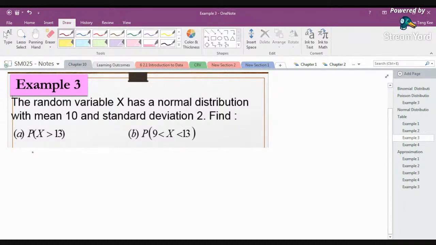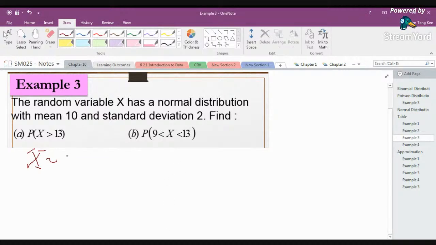First of all, we need to state our X in the form of a normal distribution.